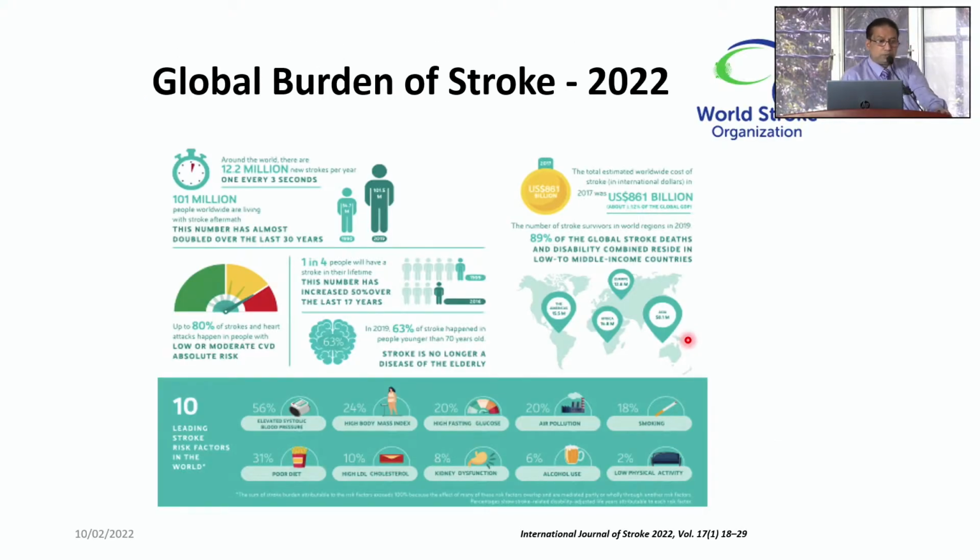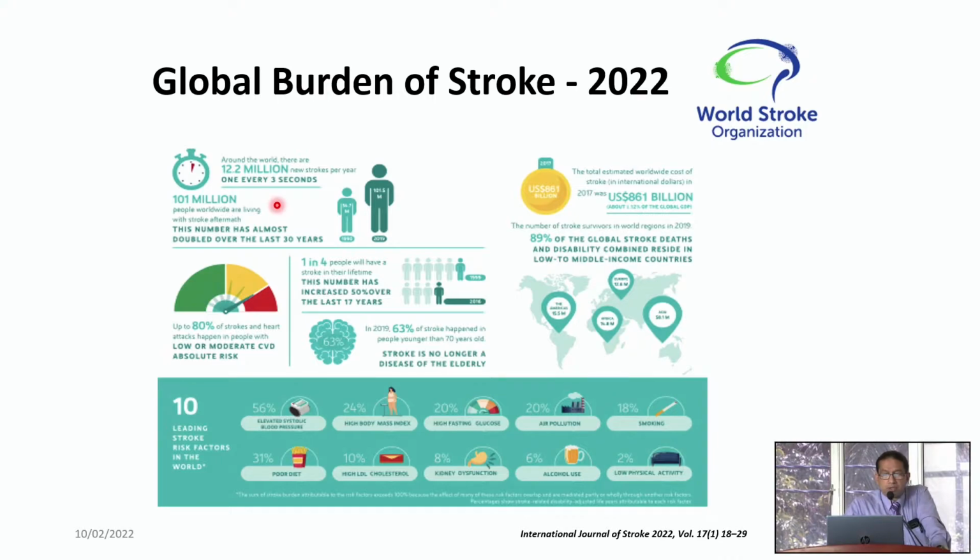So if we take the global burden, these are the latest data which show the statistics. So I won't waste too much time on this. 12.2 million new strokes a year, with 1 stroke occurring every 3 seconds. So one area you can concentrate on here is that up to 80% of the strokes and also heart attacks happen in people with low or moderate cardiovascular risk.